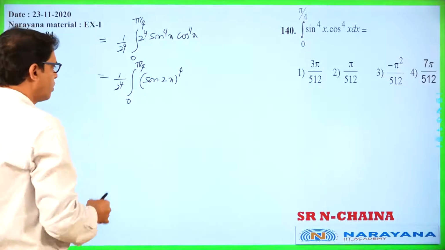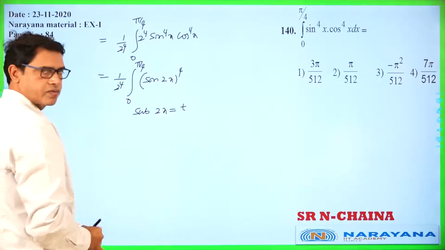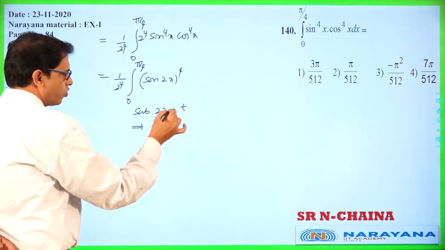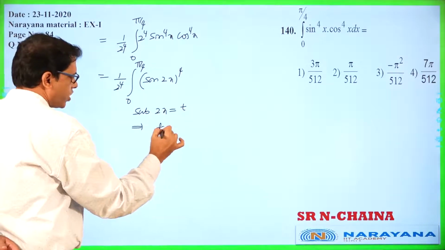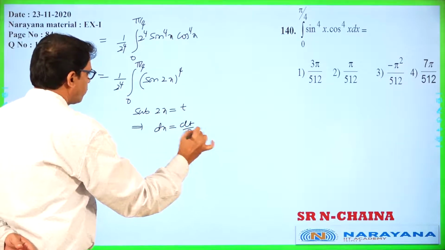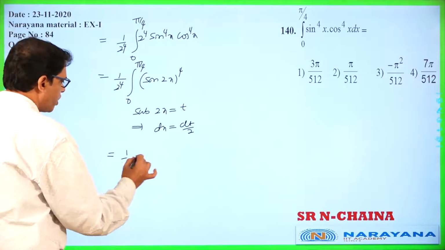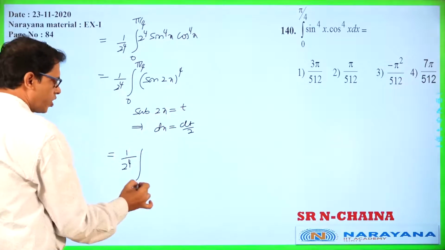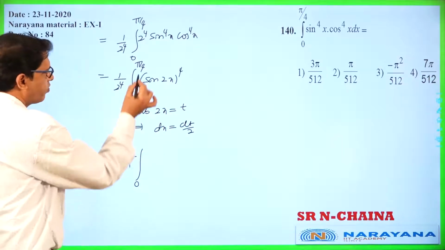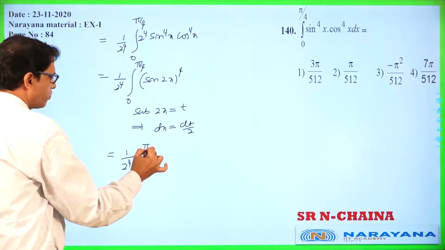Now what I am doing? Substitute 2x is equal to t. That implies 2 into derivative of x is 1, so 2 dx equals dt. So dx value will be dt by 2. Replace here. That equals 1 by 2 to the power 4. What about the lower limit? x value 0, so t will be 0 only. Upper limit, 2 into pi by 4, the 2 cancels out, pi by 2.